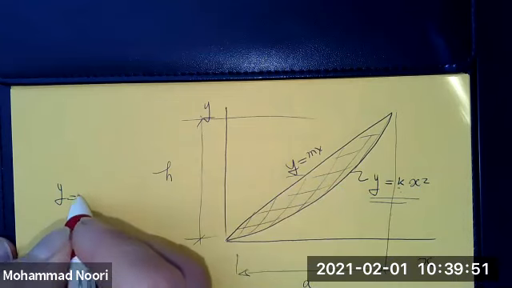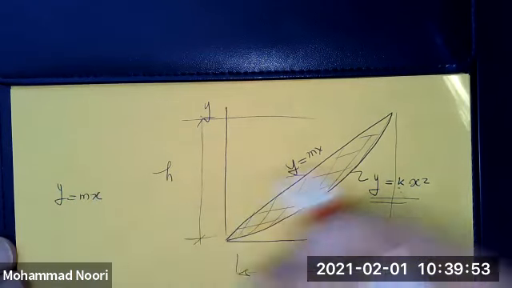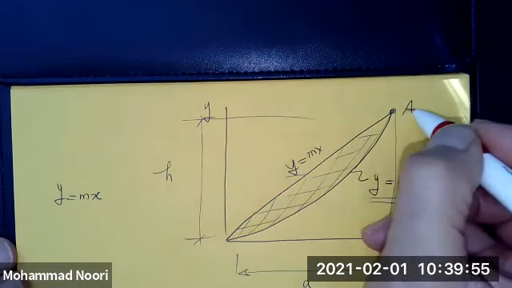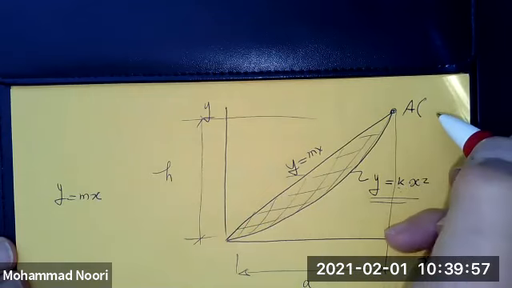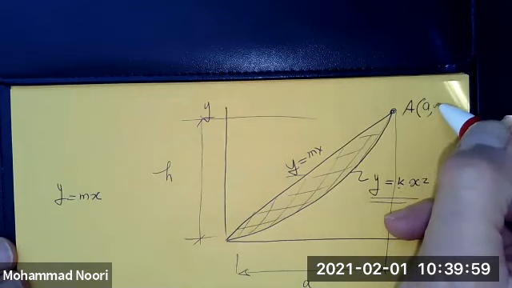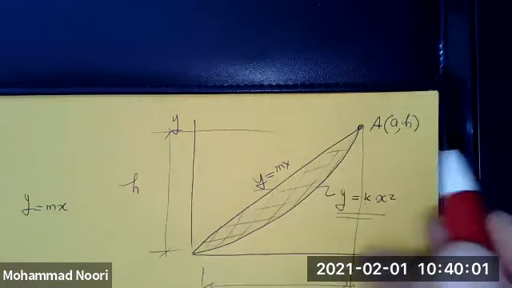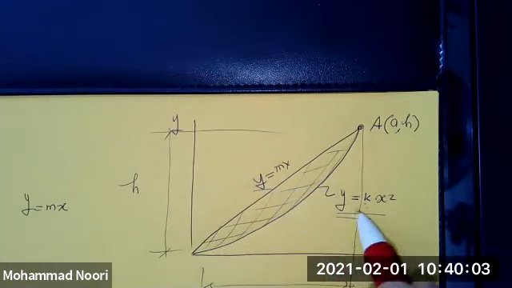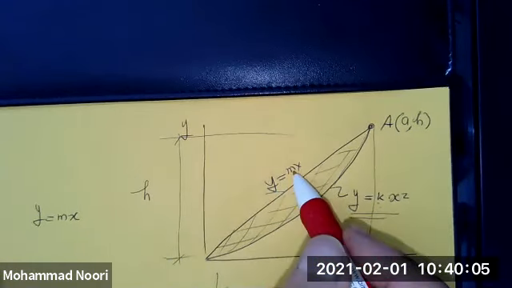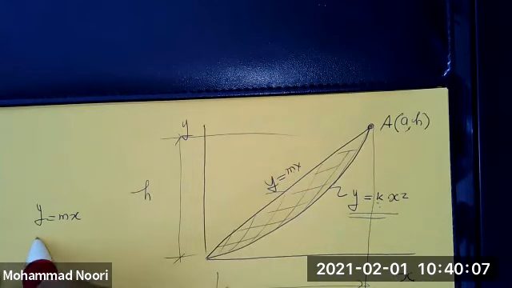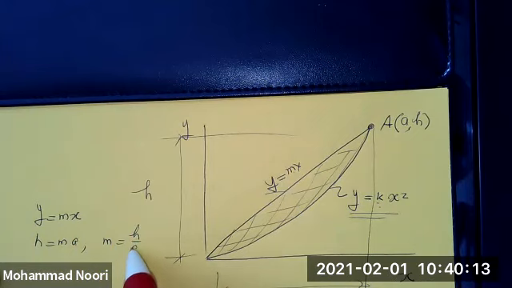So first of all, you can find these constants in these functions. Since y is equal to m x, and this point A has coordinates a and h, you substitute that into these functions to find these constants. For this one, you get h is equal to m a, so m would be simply h over a.